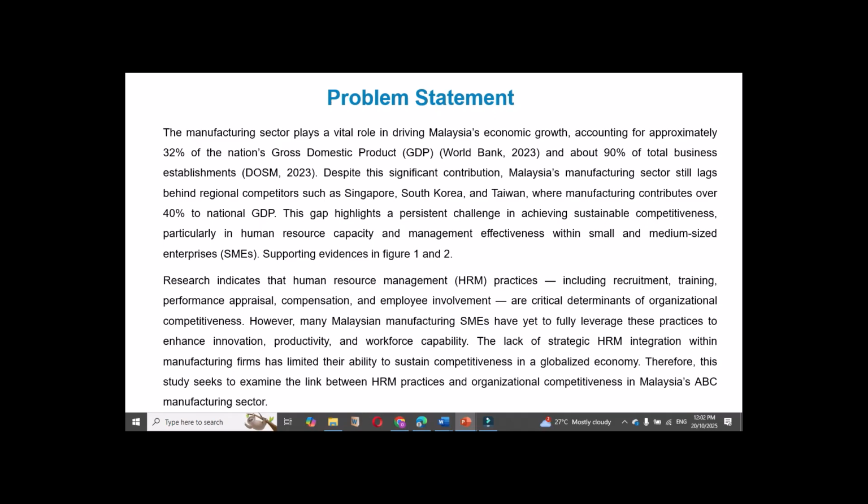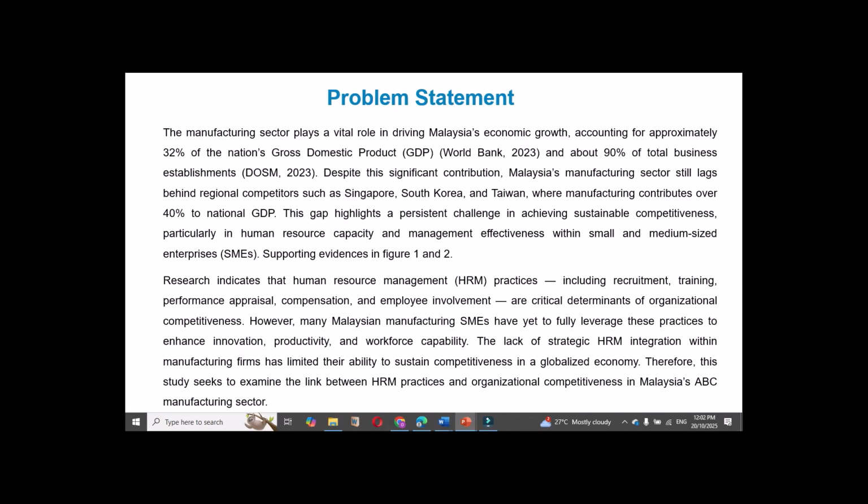However, many Malaysian manufacturing SMEs have yet to fully leverage these practices to enhance innovation, productivity, and workforce capability. The lack of strategic human resource management integration within manufacturing firms has limited their ability to sustain competitiveness in a globalized economy. Therefore, this study seeks to examine the link between HRM.